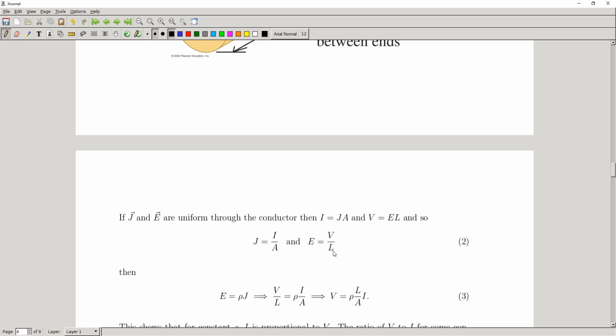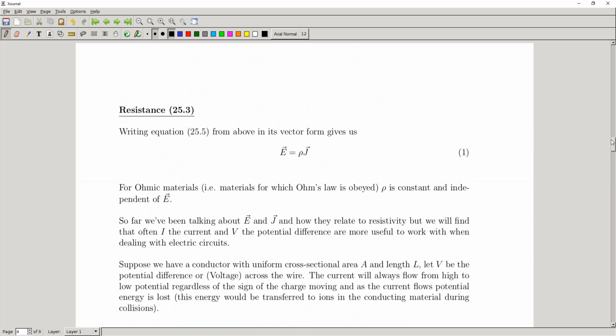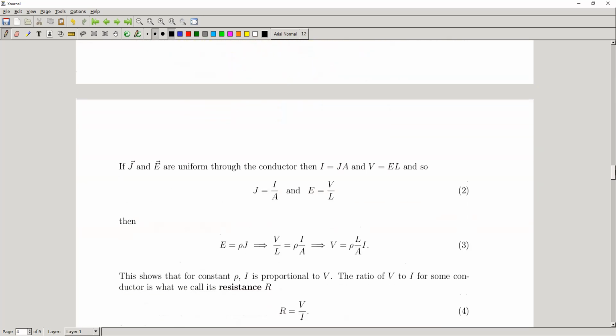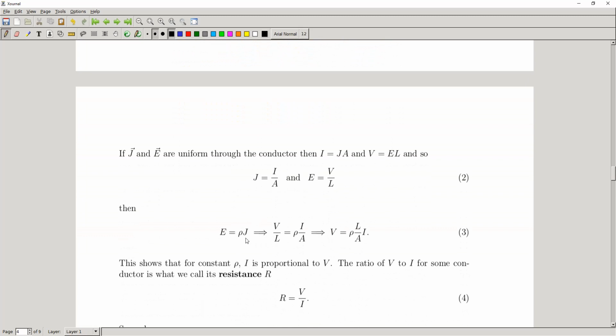If we take these two equations and substitute them back into the scalar form of this equation, E equals rho J, then substituting in for E, this V over L, we get this term here.